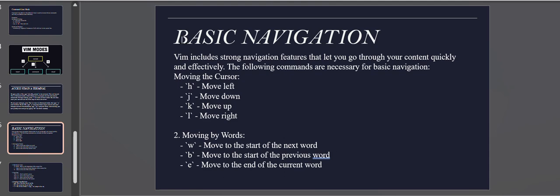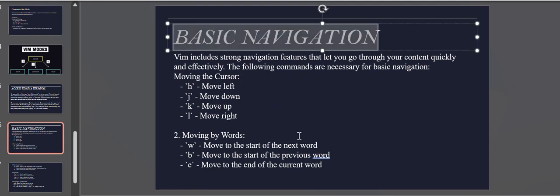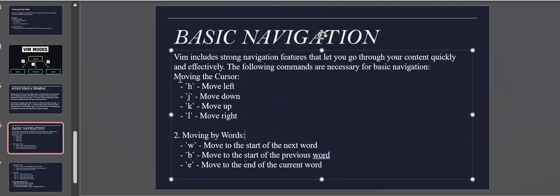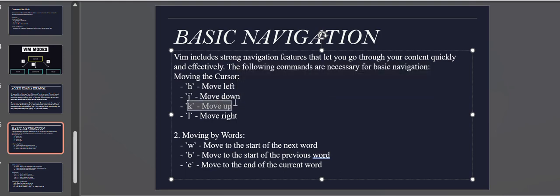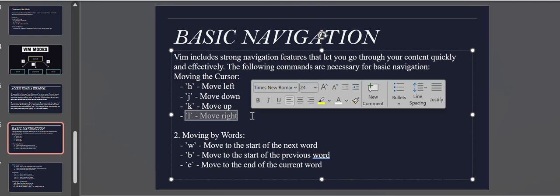And here are some of the basic navigations in Vim. This is moving the cursor. These are the cursor moving commands: H moves the cursor to the left, J moves the cursor down, K moves the cursor up, and L moves the cursor to the right.